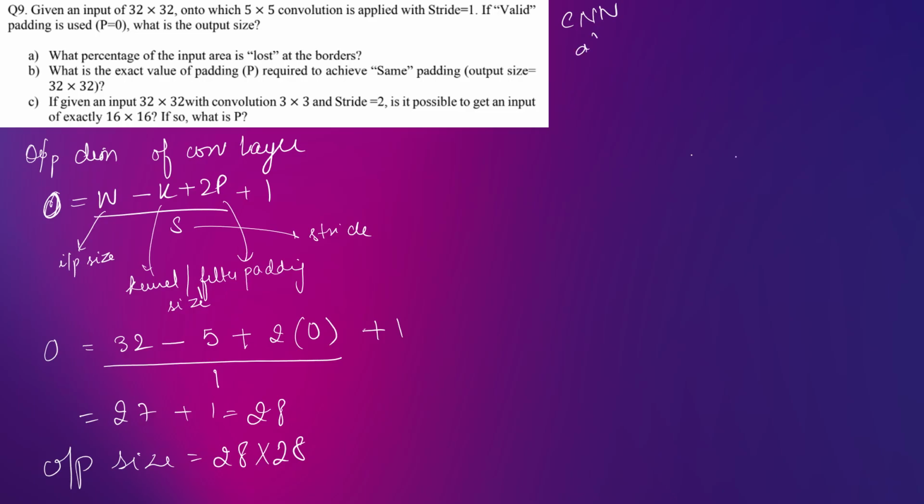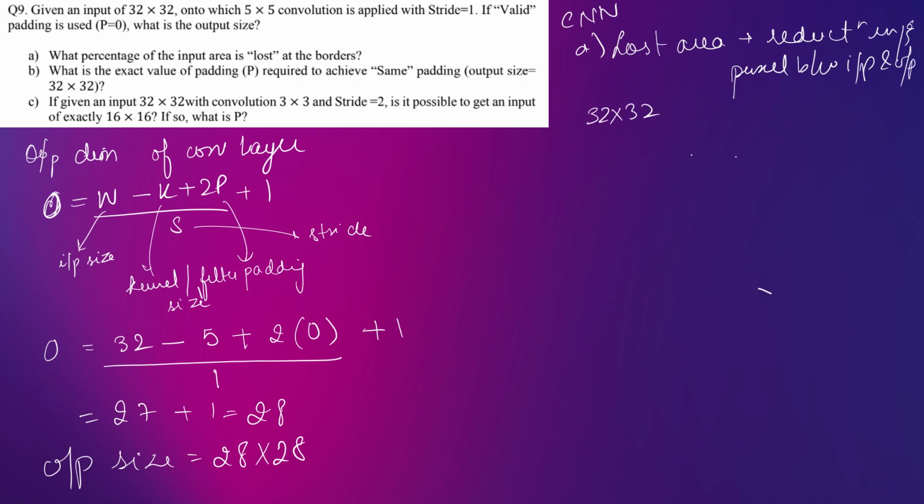So first part, percentage of input area lost at the borders. So basically a lost area refers to reduction in your pixels between input and output. Input is 32 into 32. Output is 28 into 28.